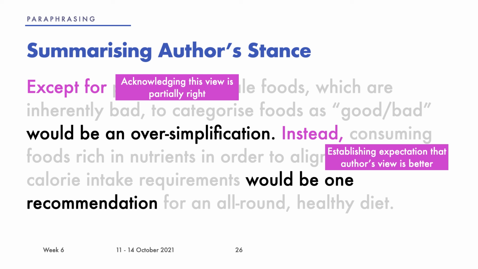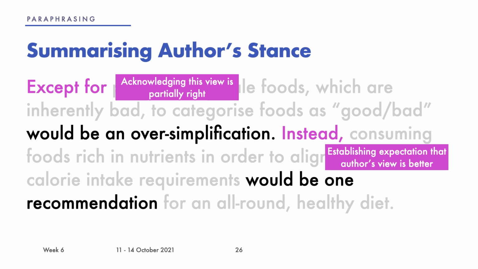Okay? And we also use some stance markers to show that the writers want to change your viewpoint about an idea: the idea of labeling food as good or bad is only partially right. And you have the phrase except for, and then you use instead in the second part of the passage to show that what comes after the marker instead would be an updated view, because the author's view is considered better.